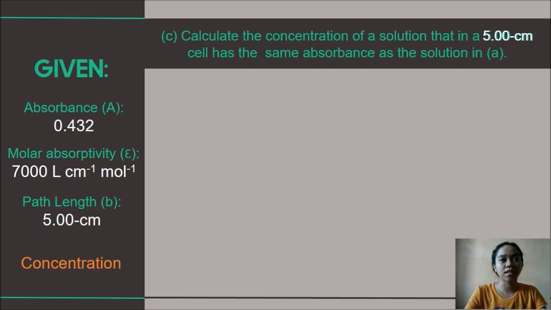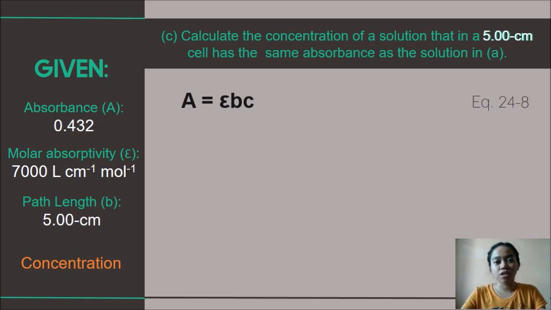We know earlier that the absorbance is the product of molar absorptivity, path length, and concentration. So we just need to transform this so that we can isolate C. We will end up with this formula, then everything is just a direct substitution of values.